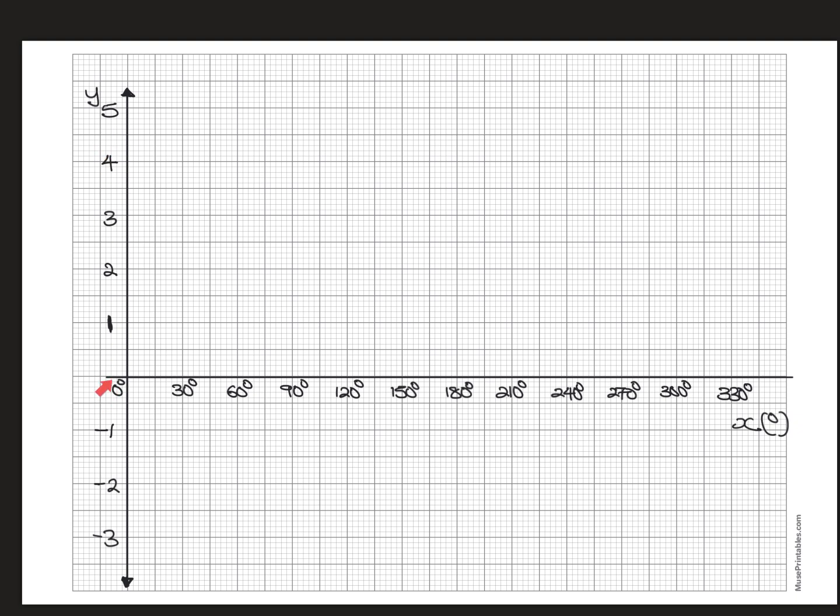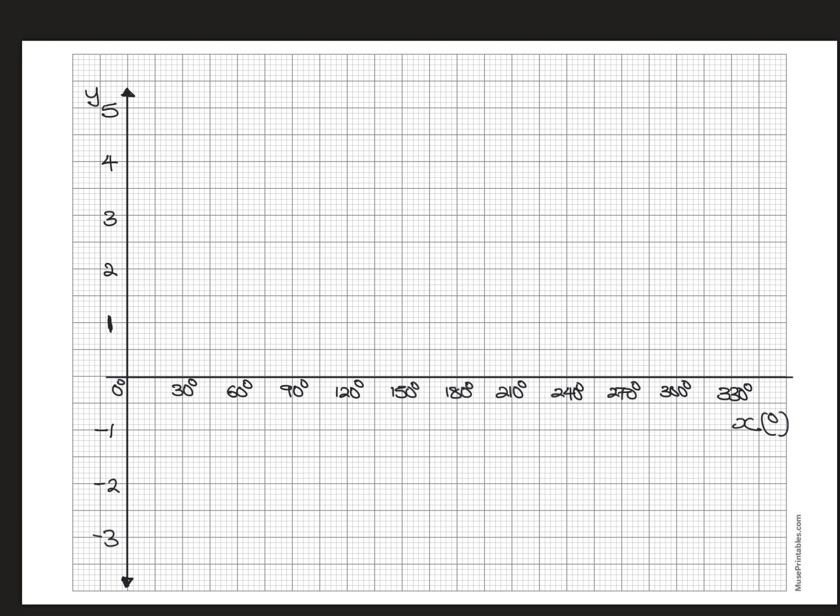For the y-axis, from the 0 line to the 1 unit here is 10 boxes. So 1 divided by 10 is 0.1. So it means each box is 0.1 unit on the y-axis.